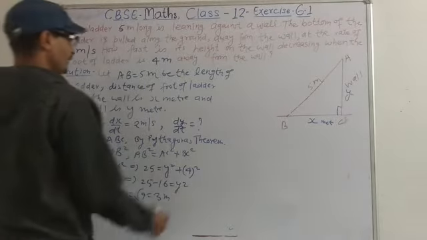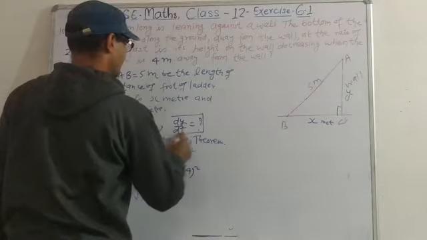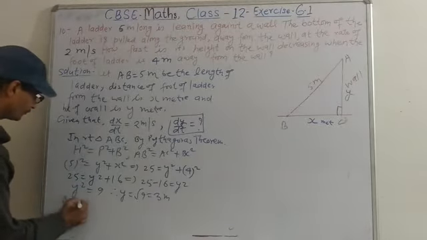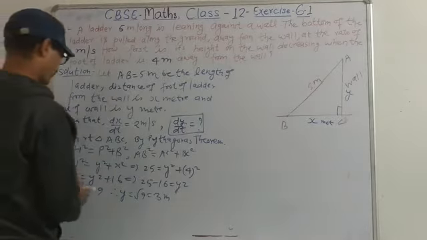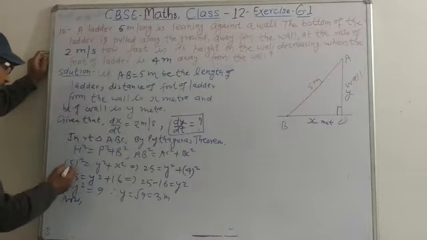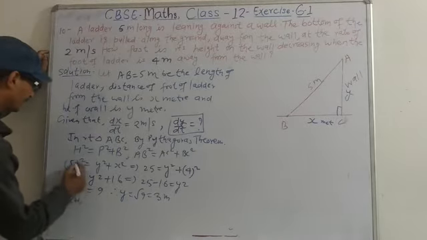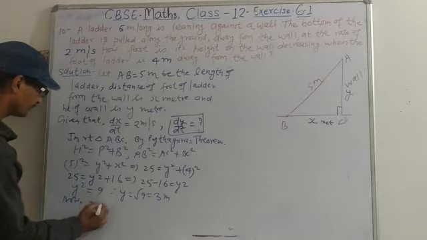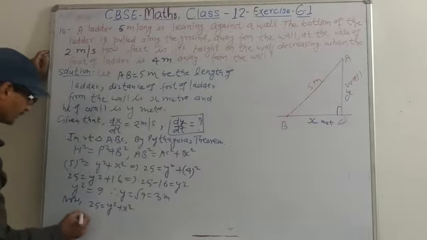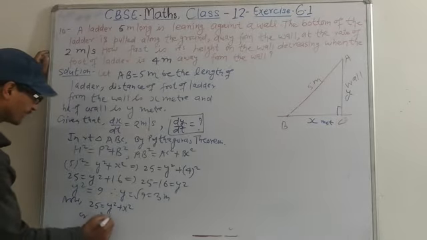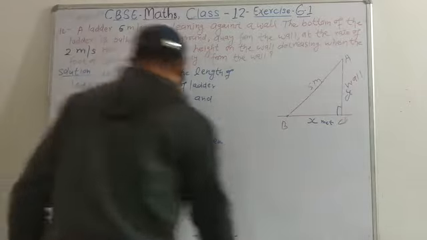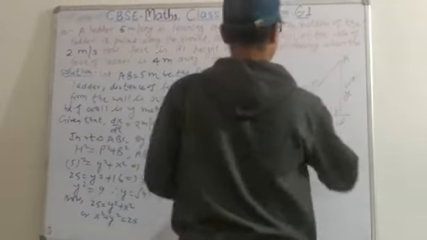Now we have to find this dy by dt. Now we have this equation: 5 square 25 is equal to this y square plus x square. Otherwise we can say x square plus y square is equal to 25, and we have to find dy by dt.